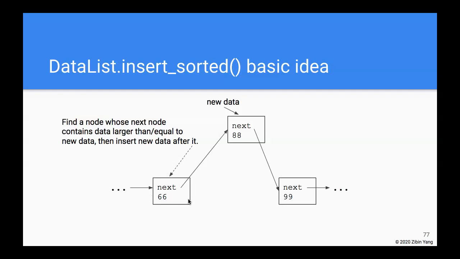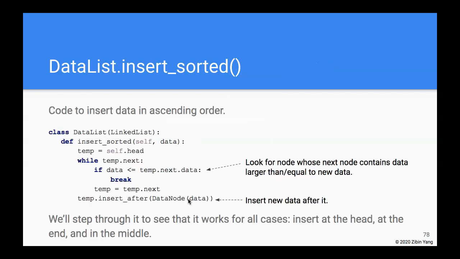So to find the right node in the list to insert after, we basically have to walk through the entire list and look at each of the nodes in turn, right? That's basically a traversal that we've done previously, like in the string method. So basically, we'll start at the head, and remember the head is not the one that we really care about because it doesn't contain data.